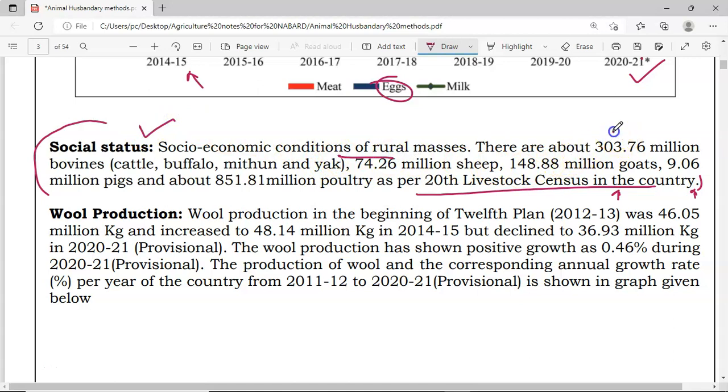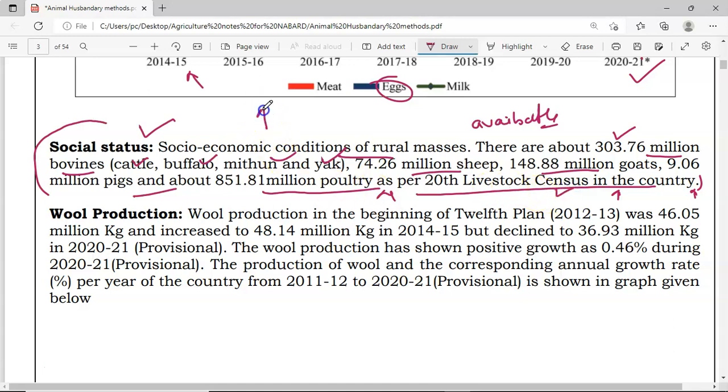There are about 303.76 million bovines, covering cattle, buffalo, mithun and yak, 74.26 million sheep, 148.8 million goats and 9.06 million pigs, and about 851.81 million poultry are available in our country as per the 20th Livestock Census.